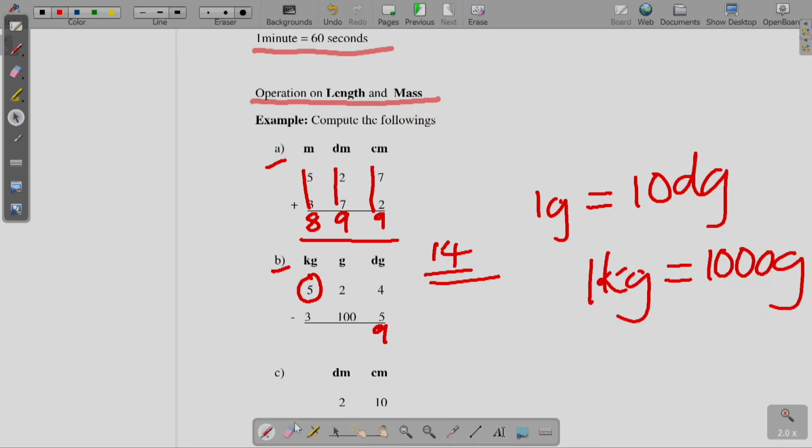So if you bring it here, it will be 1002. So 1002 minus 100 will get 902. So now let's finish here. At this number now we have 4, because we have already taken 1 to the other place. So it will remain 4. So 4 minus 3 will get 1. So this will be the answer.